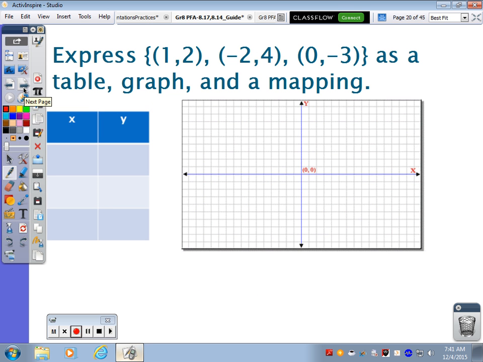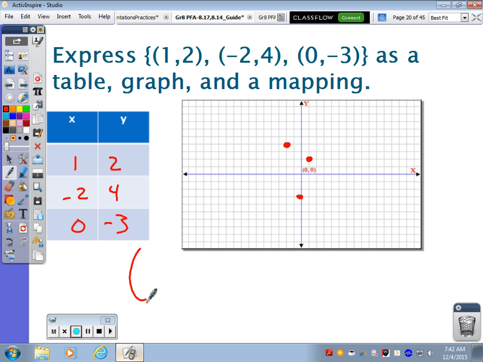So express each of these as a table, a graph, and a mapping. So I'll do the first one for you, and then you'll get some practice on your own. So as your table, this is going to be your first one. As a graph, you're just going to graph your points. And then the mapping.